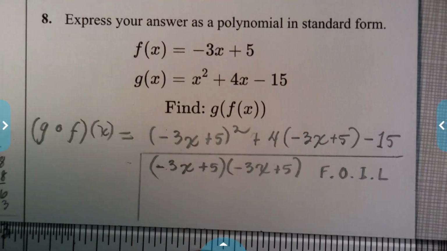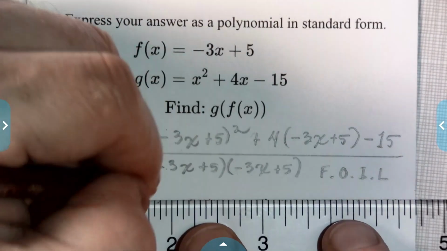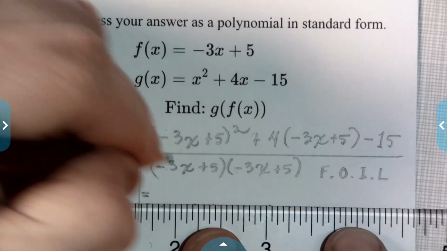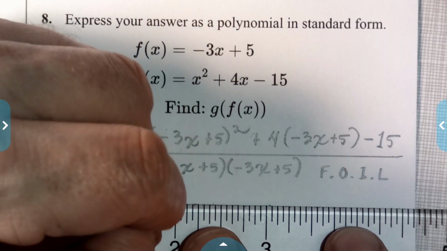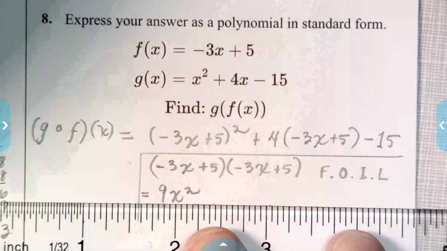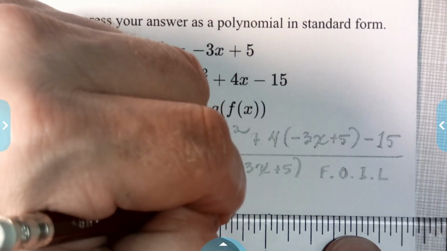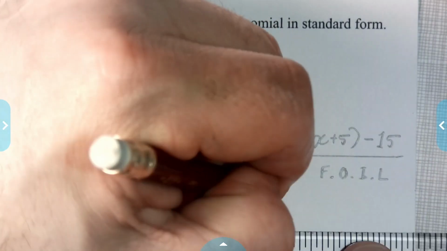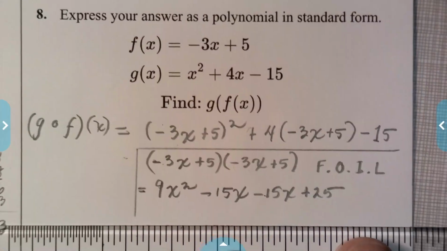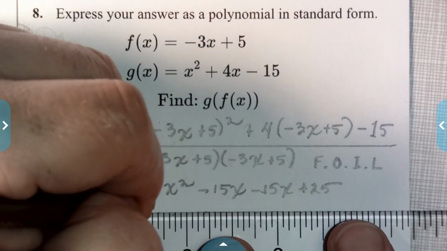Let's do the numbers first. So negative 3 times negative 3 is positive 9. X times x is x squared. Outer, negative 3x times 5 is negative 15x. Inner, we have the same thing. 5 times negative 3x is negative 15x. Last is 5 times 5, it's just plus 25.